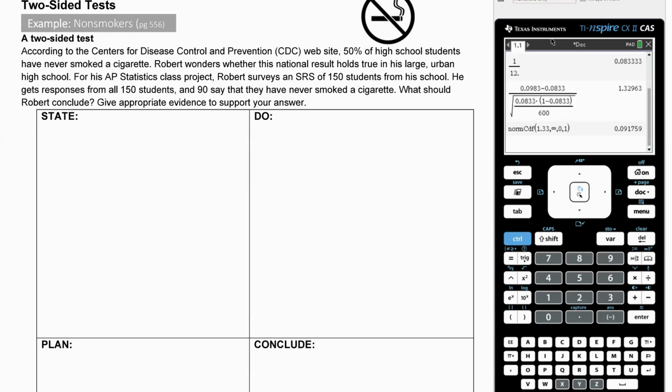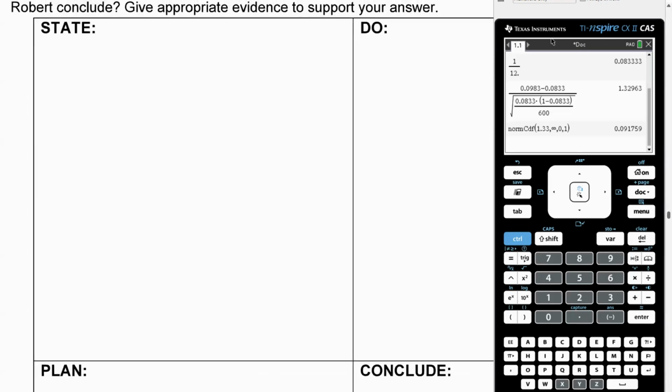Give appropriate evidence. Well, again, we'll start by saying this is an inference procedure. So what's our population? Our population is students at Robert's school.